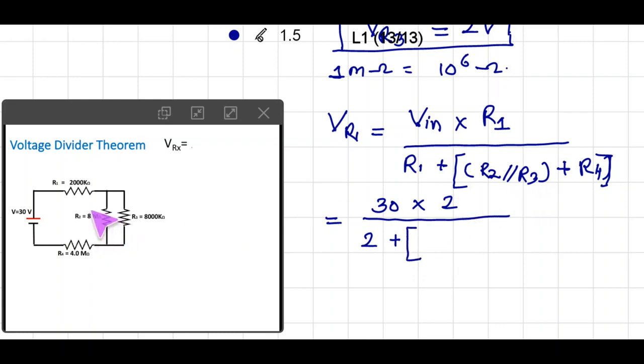Here it is 8 mega ohm and here it is 8000 kilo ohm, but remember that 8 mega ohm and 8000 kilo ohm are the same. So according to the parallel combination of resistance, the effective resistance between this point and this point is equal to R2 R3 upon R2 plus R3, that is 8 into 8 divided by 8 plus 8. So that is 8 into 8 divided by 8 plus 8, which is equal to 4.